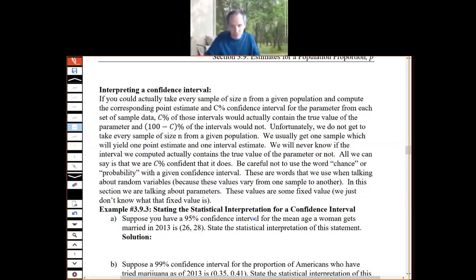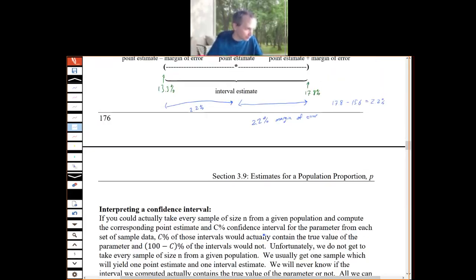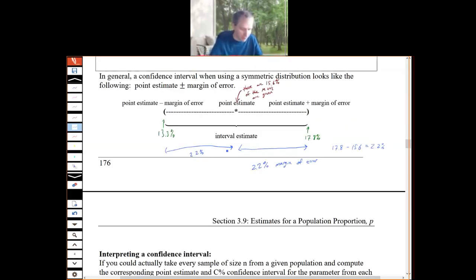I could find the percentage of green M&Ms for each one. For each one, I'll get a slightly different point estimate, and I can create this confidence interval.